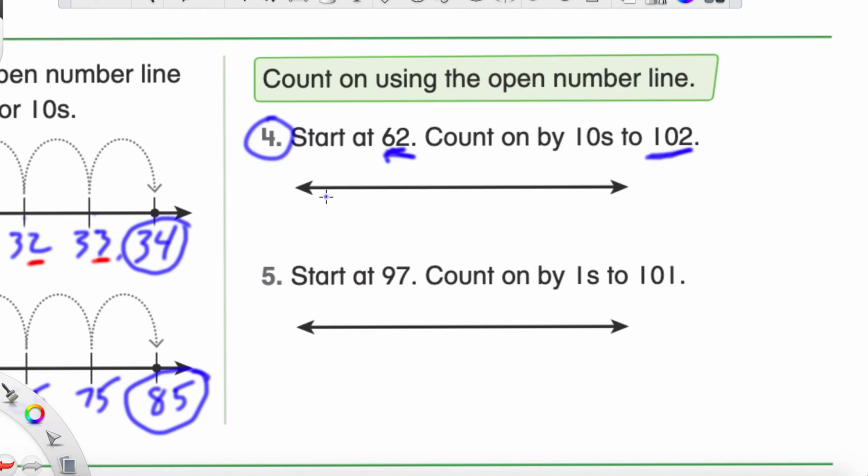They are telling you the first number, which is 62, and they are telling you the last number, which is 102. So you can start your number line by putting the first number and the last number that they want us to have. Okay? And now just go ahead and finish the number line, all the parts in the middle.